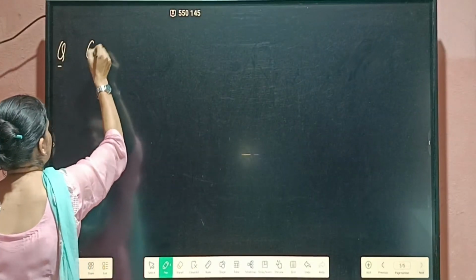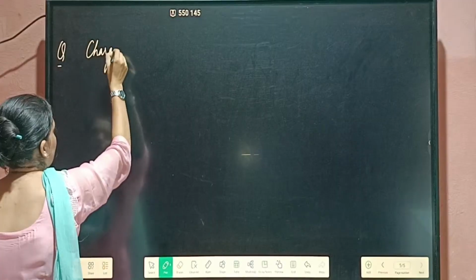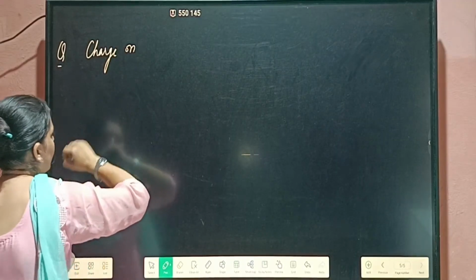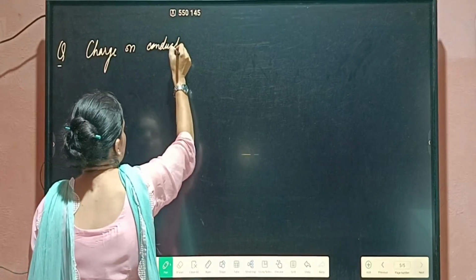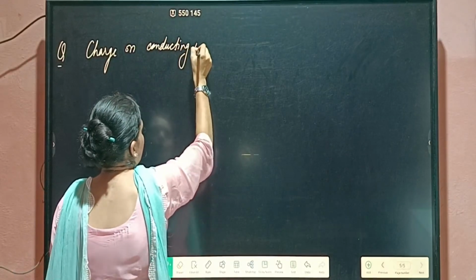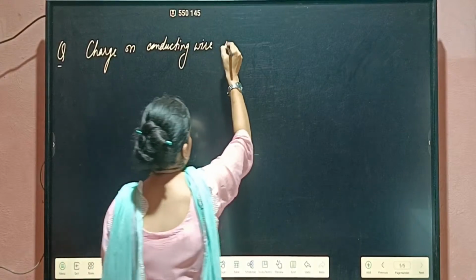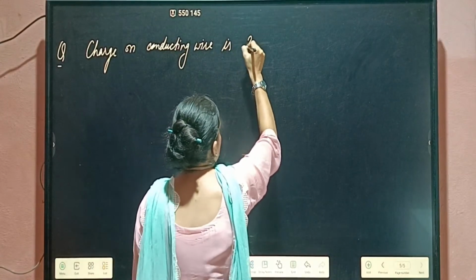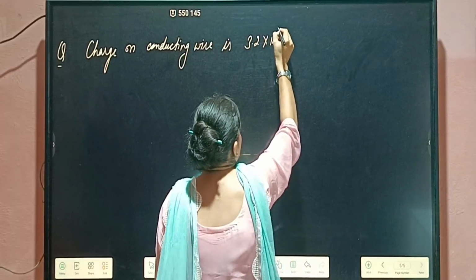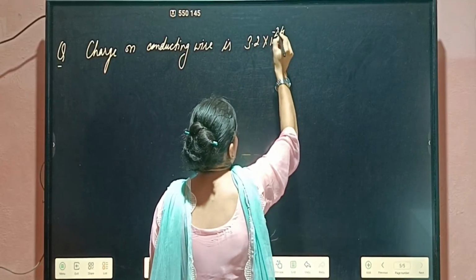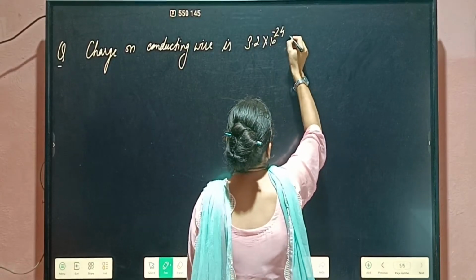Charge on a conducting wire is 3.2 into 10 raised to power minus 24 coulomb.